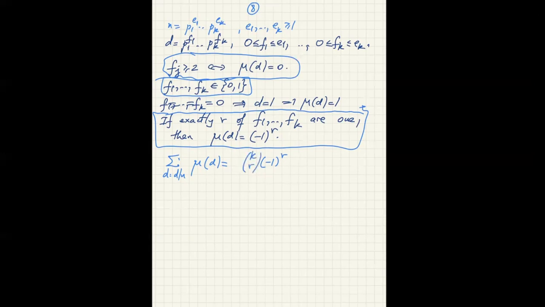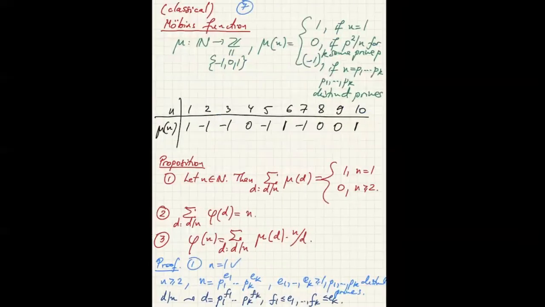And what are the possible values of r? It's a summation from 0 all the way to k. And we get this alternating sum of k choose r times -1 to the r. But here, from the binomial theorem, we can observe that this is just (1 - 1) to the power k, which is 0. Okay, so that proves the first result here.